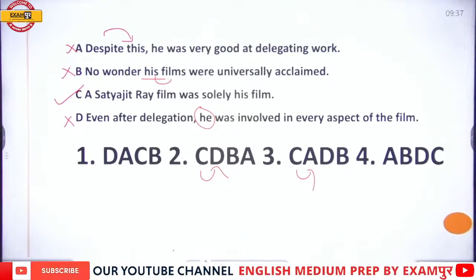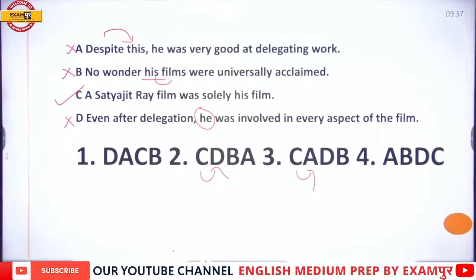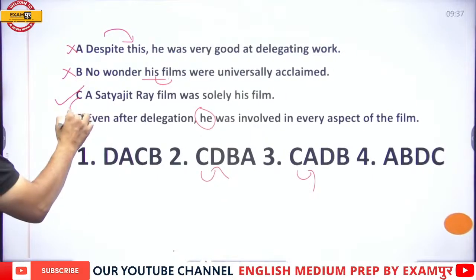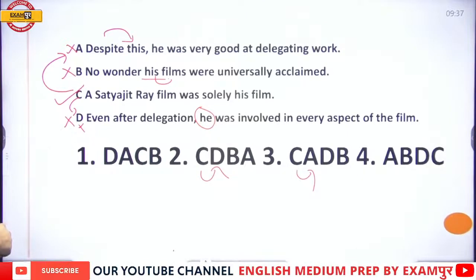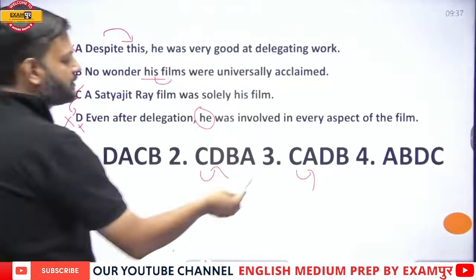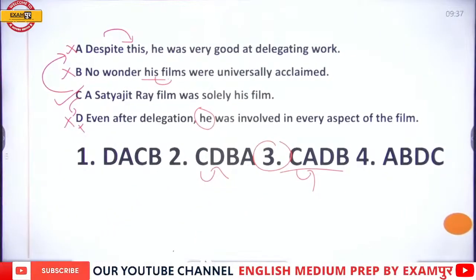Satyajit Ray film was solely his film, and even after delegation, he was involved in every aspect. So after C, you cannot arrange D. After C, you have to arrange A. Despite this, he was very good at delegating work. So the correct answer would be CADB.